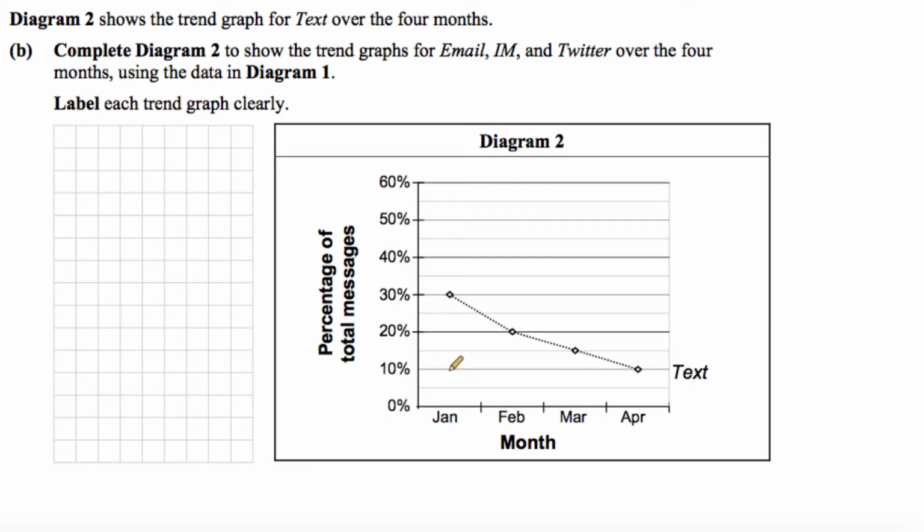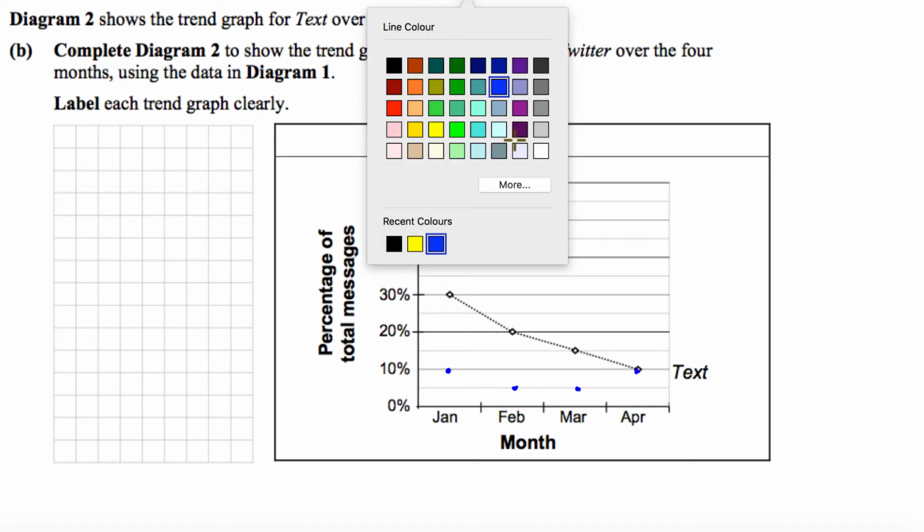So going from 10 to 5 to 5 and back up to 10. That's going to be email. So we'll do that in blue.